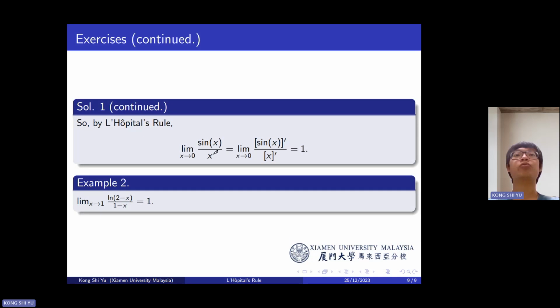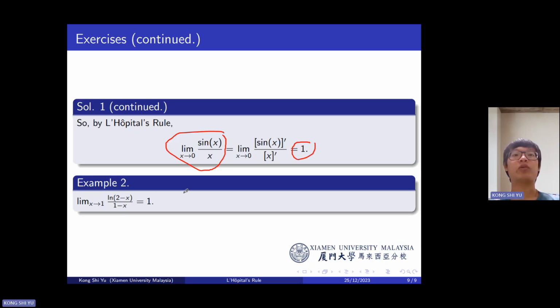So by L'Hopital's rule, the limit of sine x over x as x approaches 0 is equal to 1, just like what we learned in calculus 1. It's actually the same. Now we'll be looking at another example, which I think is also quite common.